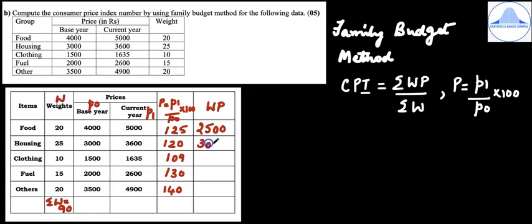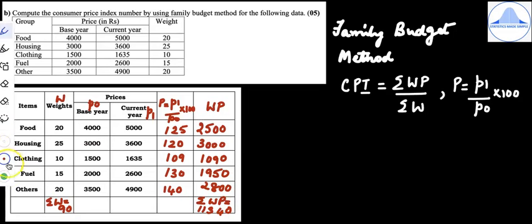The next one is 3000, 1090, 1950, 2800, and let's find out the total summation WP, which is 11,340.